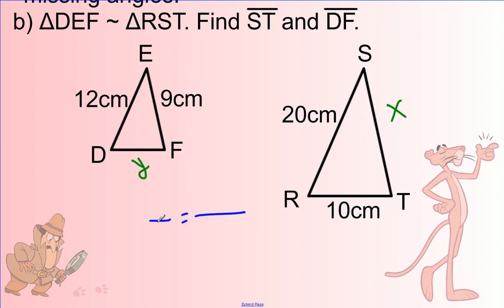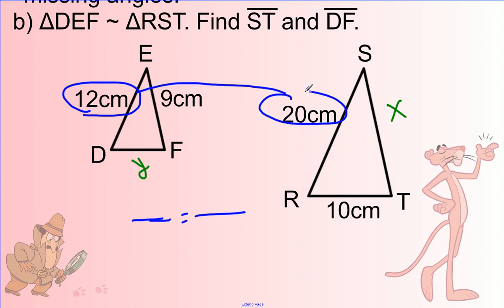Let's start with x. So I need to have a pair of sides that I know the relationship between. So for example, from 12 to 20, there's a relationship there. There's a scale factor, some number. I could figure it out, but I don't care right now. But that relationship there is going to help us find the other part.